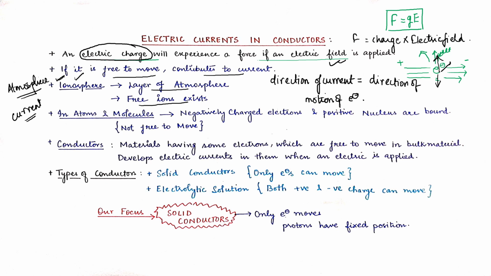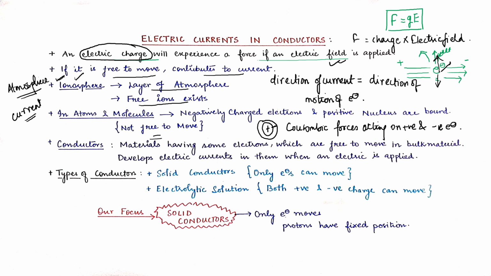Now in an atom and molecule, the negatively charged electron and positively charged nucleus are bound, not free to move. As I have told, this is the nucleus, this is the electron, and Coulombic forces act on the positively charged nucleus and negatively charged electron.